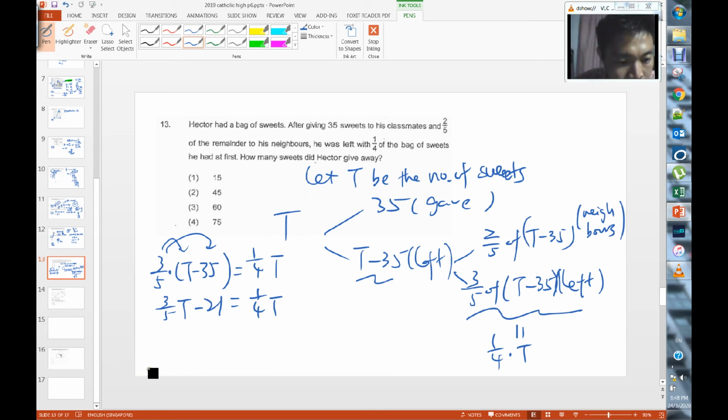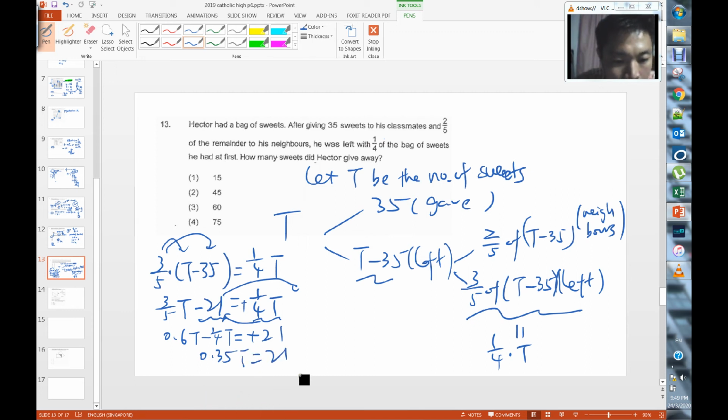So you move the 1/4 T to this side, and it becomes minus. The minus 21, you move to the right and you get positive 21. You are left with 0.6 T minus 0.25 T, which is 0.35 T, equals 21.